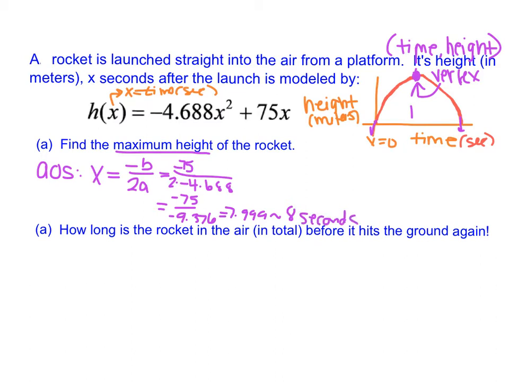So that's telling me that our vertex point occurs after 8 seconds. So if we can find the height at 8 seconds, we can find the maximum height of this rocket.